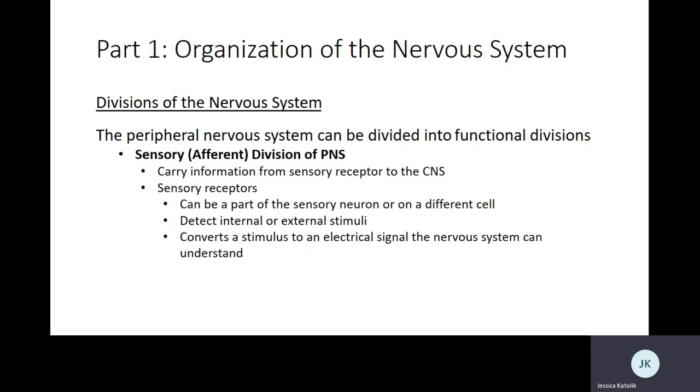So the nervous system can't understand all details about light and sound and taste and smell directly, but what the sensory receptor is going to do is bind or interact with these stimuli in some sort of way and eventually turn that into an electrical signal that can be used and processed by the nervous system.